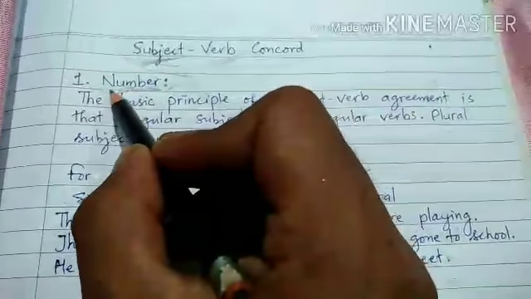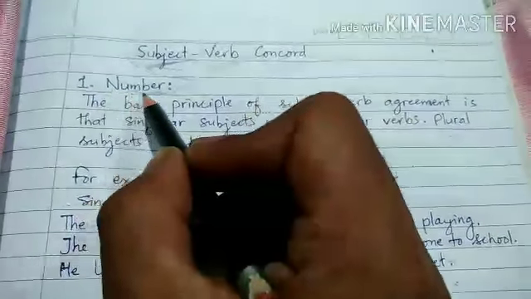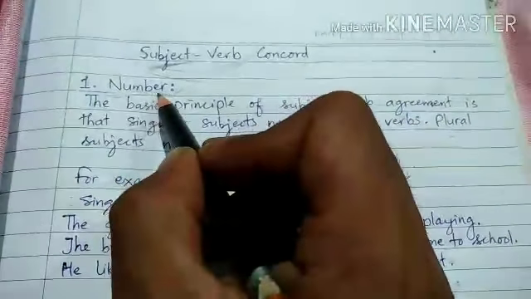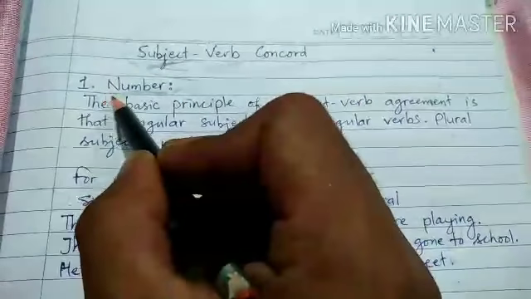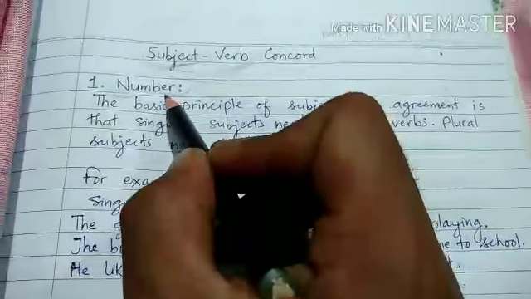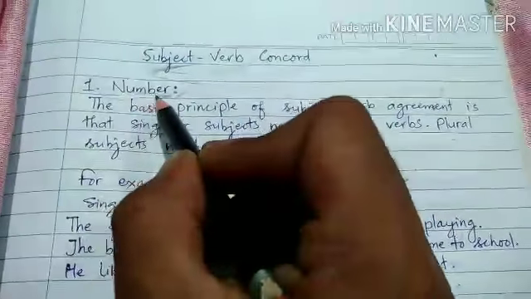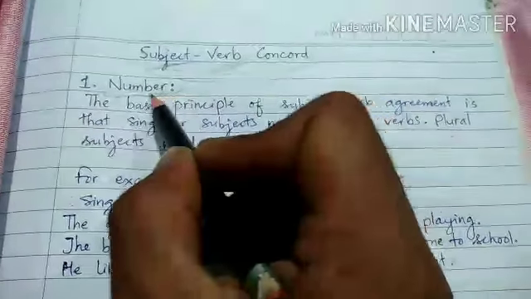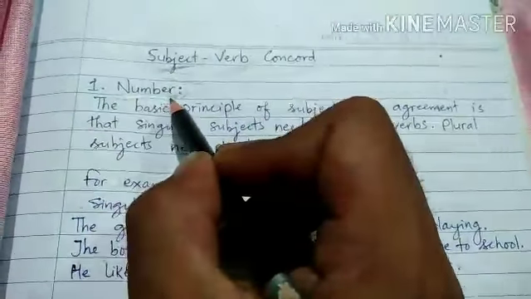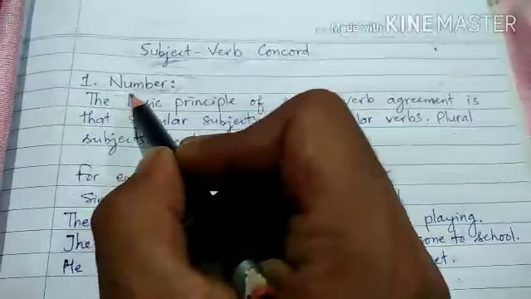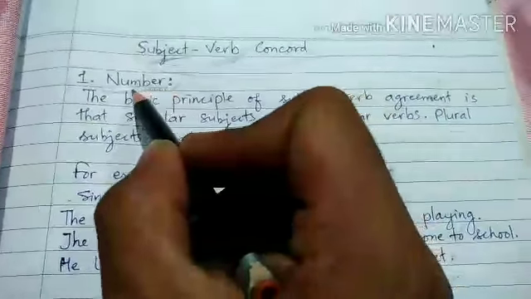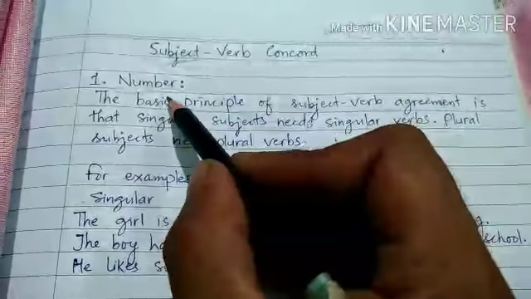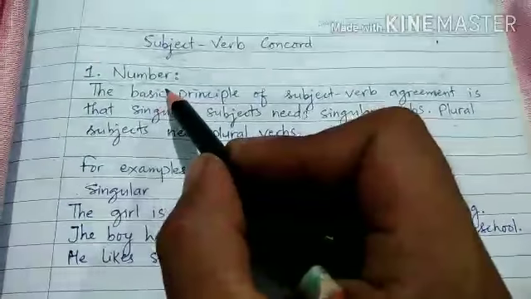Okay, that part may be a noun or a pronoun or other words that come along with nouns or pronouns, or the subject may be a phrase or a clause that come along with the nouns or pronouns we use in sentences, about which we write the sentence or sentences.